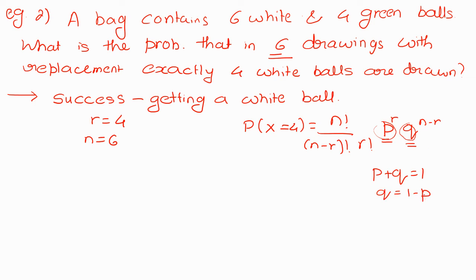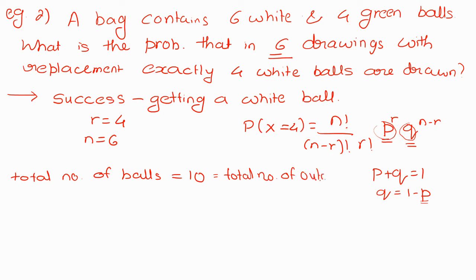Okay, so let us see what is the probability of getting this success, or what is the p value. For that we need to read this. A bag contains 6 white and 4 green balls. Therefore, what is the total number of balls present in the bag? That comes to 6 plus 4, that is 10. So the total number of balls is equal to 10, which means my total number of outcomes is 10.